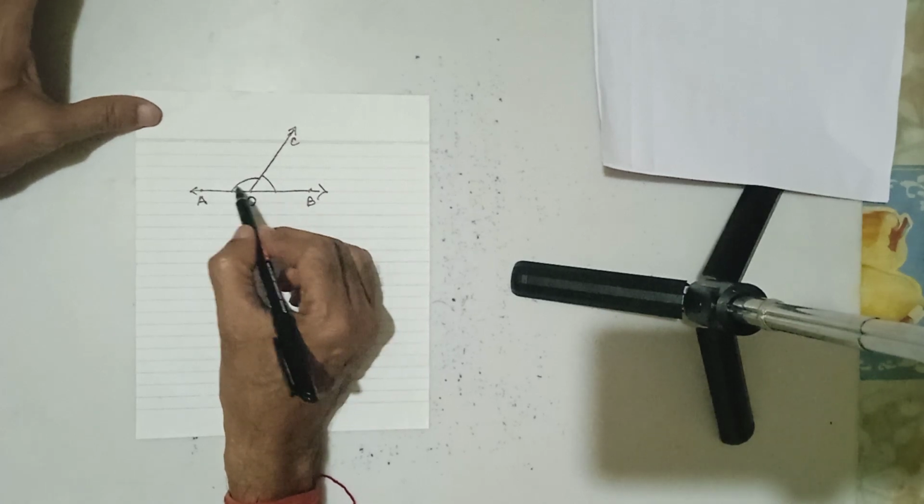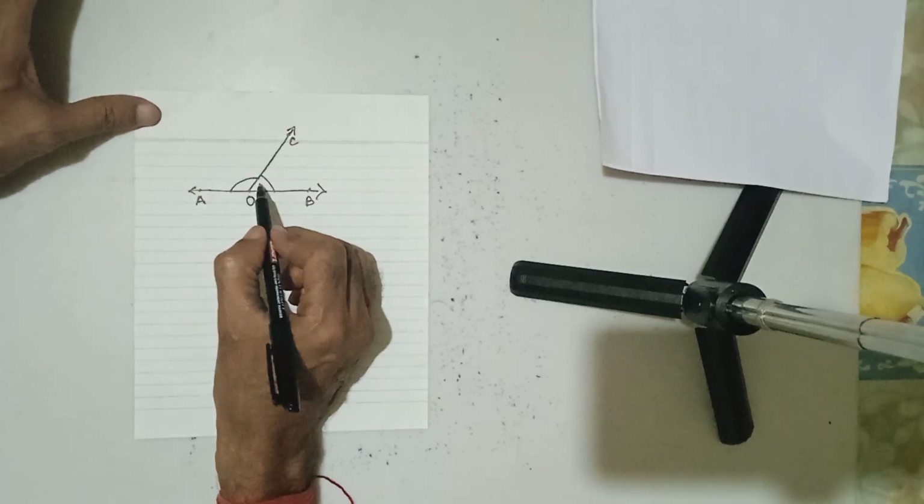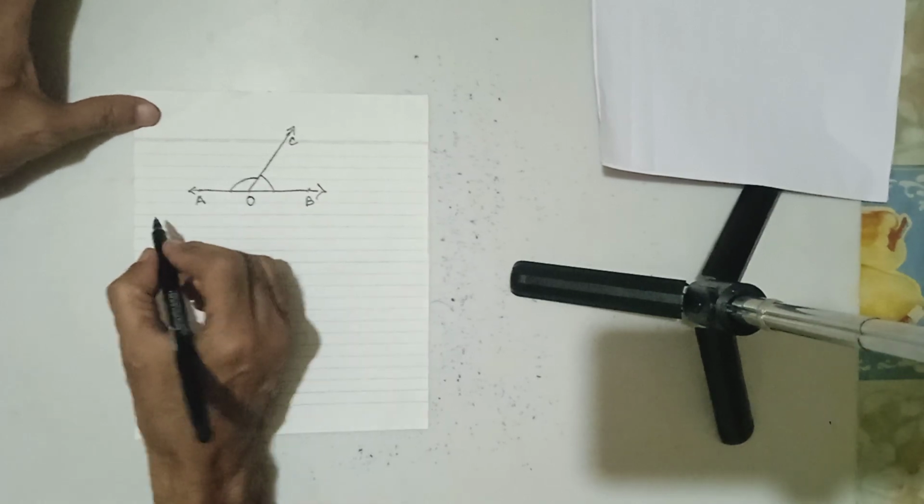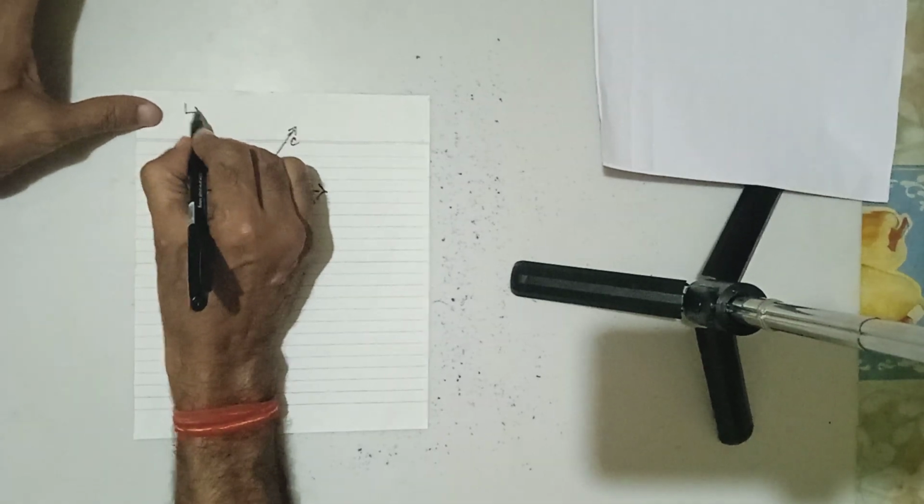The sum of these two angles is 180 degrees and they are adjacent to each other. So they are called a linear pair.